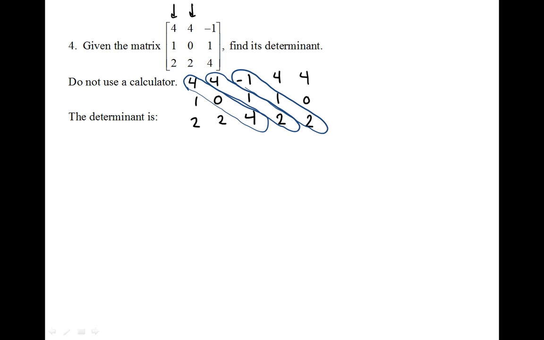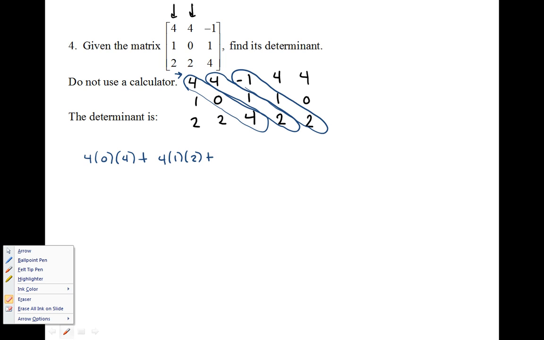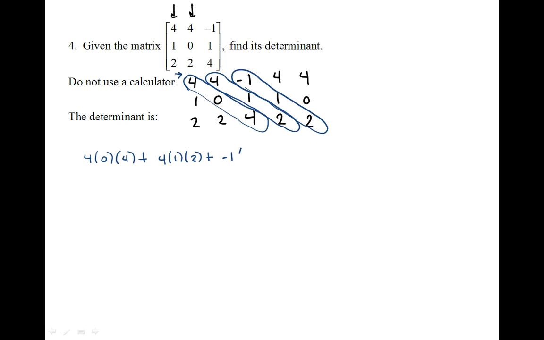So I'm going to have 4 times 0 times 4, plus 4 times 1 times 2, plus negative 1 times 1 times 2.